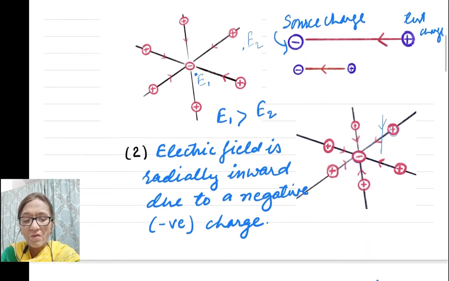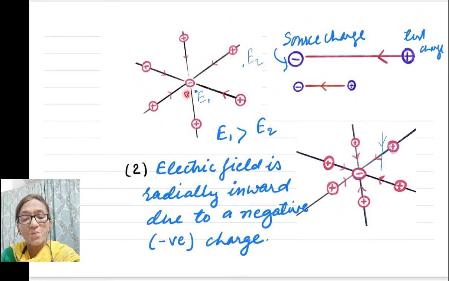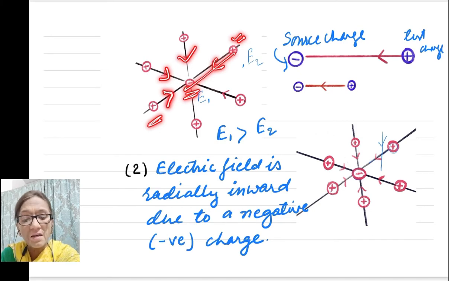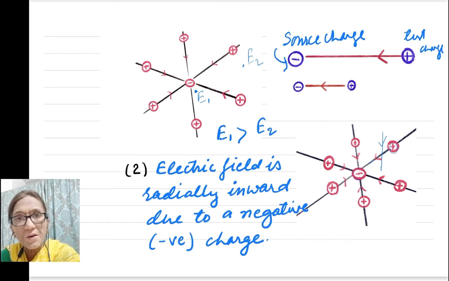Similarly, you can find the direction of electric field due to a negative source charge. You know that unlike charges attract each other. So all the positive test charges will be attracted towards this negative source charge. This is the direction in which the positive test charge will be attracted, and this gives the direction of electric field due to a negative charge.